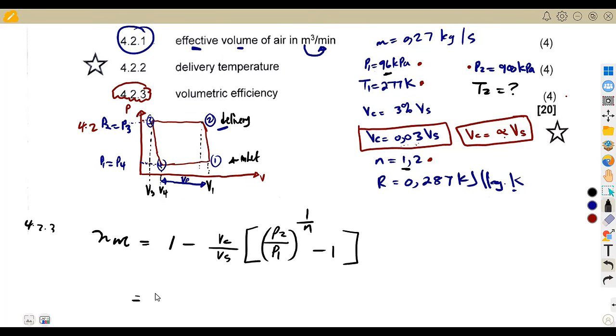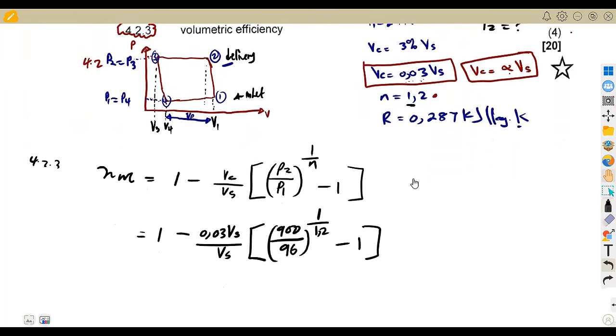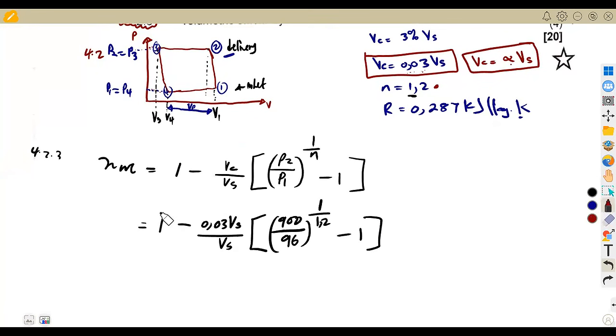So we are going to apply it: 1 minus VC, remember that the clearance is 0.03 of VS, over VS, into P2, which is 900, over P1, which is 96, to the exponent of 1 over N, which is 1.2, minus 1. Whatever we have at the end, we must multiply by 100%. This is efficiency, so you multiply by 100% at the end.